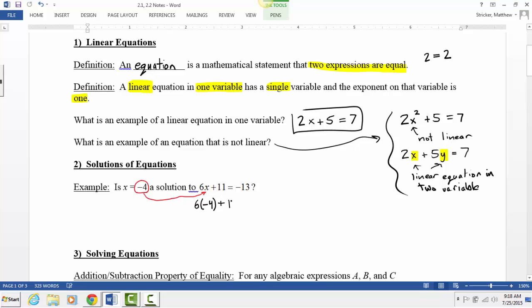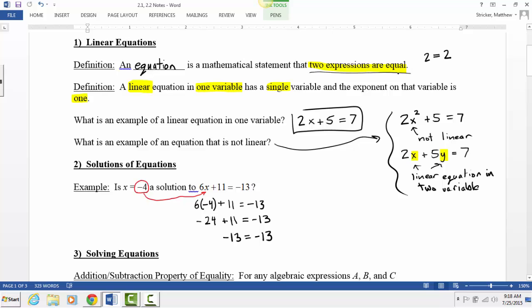And we have plus 11 equals -13. Simplifying here, with order of operations we multiply before we add. So a positive 6 times a -4 is -24, plus 11 equals -13. Now we can go ahead and add. Negative 24 plus 11 is in fact negative 13.